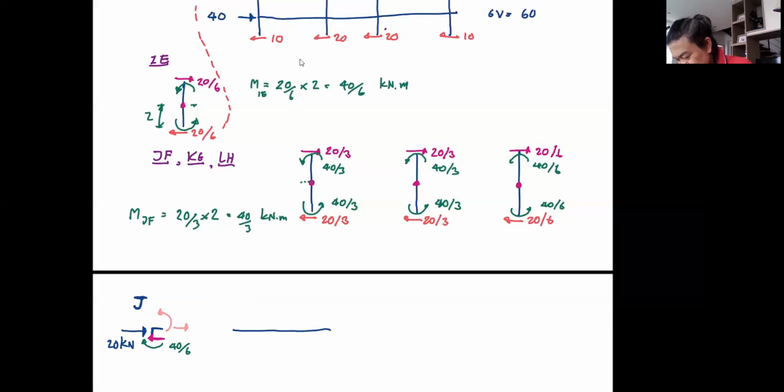This is IJ, right? Okay. We also have a hinge here. And now we have the moment. Now this moment is counterclockwise, so this becomes clockwise.